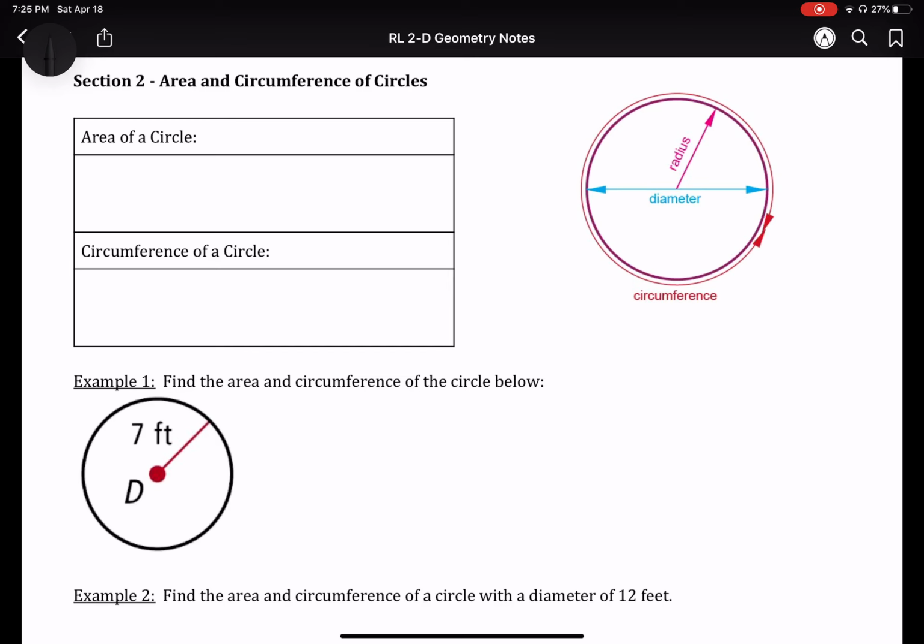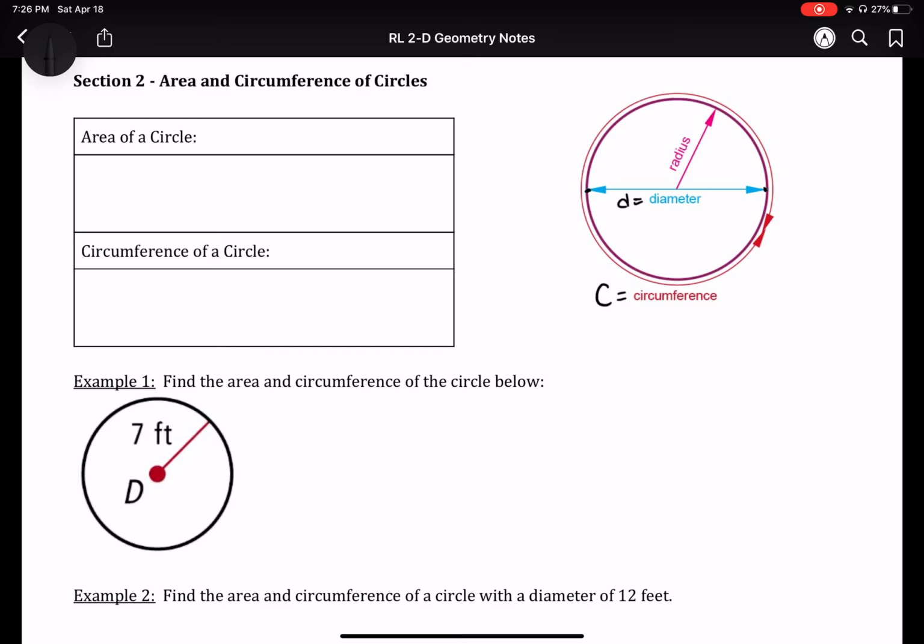Before we get into our formulas, we're going to just take a minute and refresh our memory of the different pieces of a circle. So we have the distance all the way around the circle, which is the circumference, which we label as C. We have the diameter, which is the distance from one point on the circle all the way across to meet on the other side of the circle, and that is labeled as a D. And then we have the radius, which is half of the distance of the diameter.